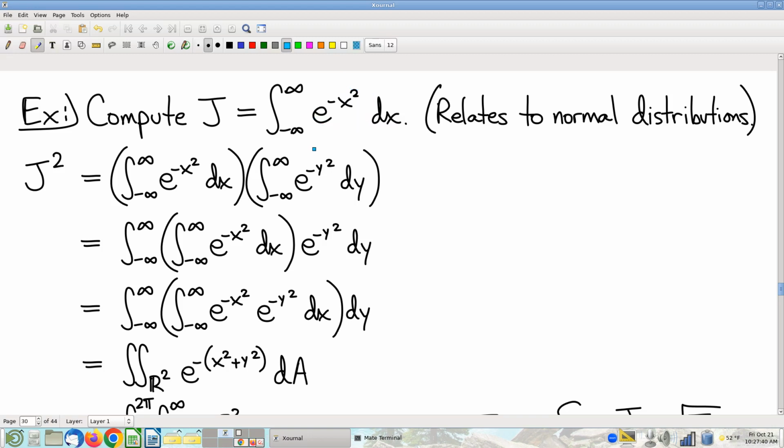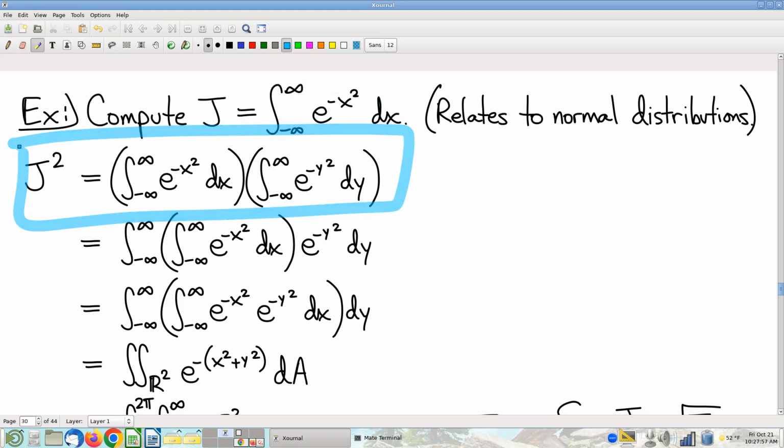Here's the really brilliant idea, and this does go back a couple hundred years, but this is a very, very clever concept. The surprising move to compute this integral is instead to compute its square. Compute it times itself. And it turns out that this seemingly harder problem of computing j squared is actually easier, weirdly.